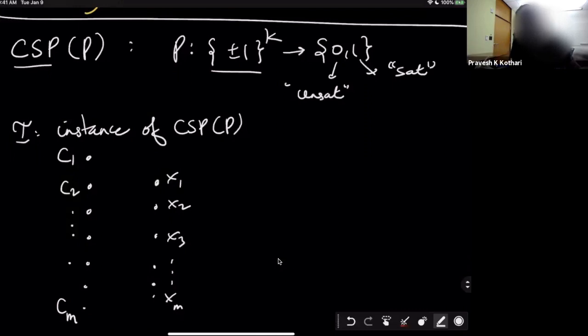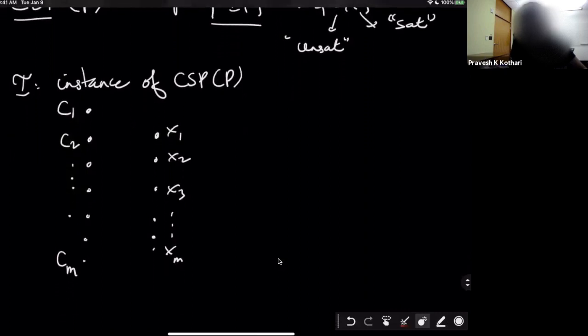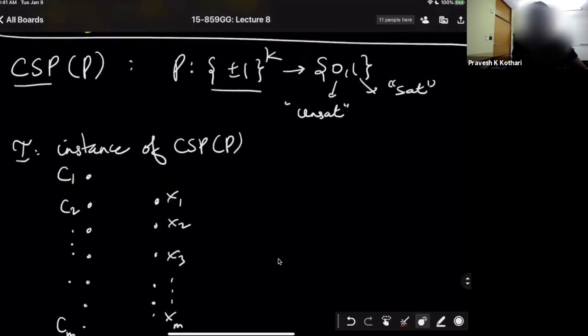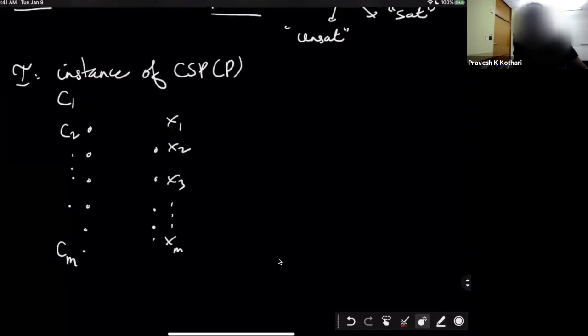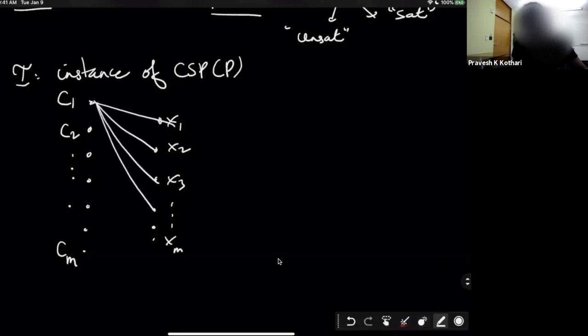In general, though, there can be functions which care about the order. And so in order to have that in mind, I will use this slightly more cumbersome notation to define CSPs for you now. Let's say P is a k-bit predicate, so each C_i would have k connections. In fact, these edges are labeled.